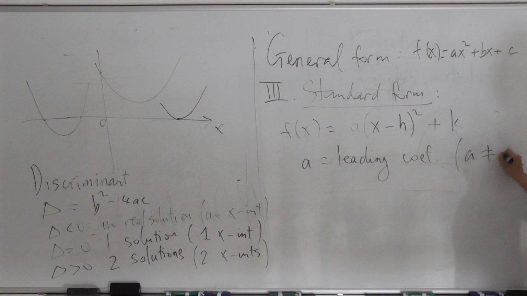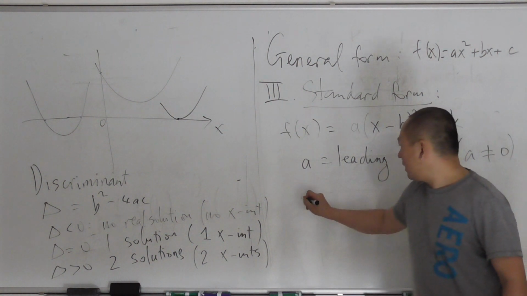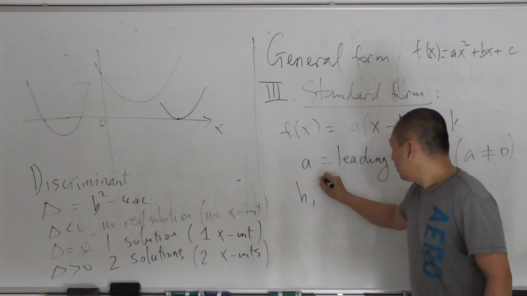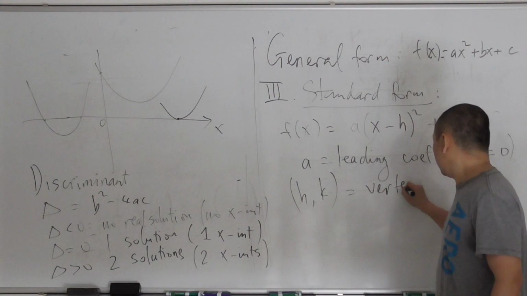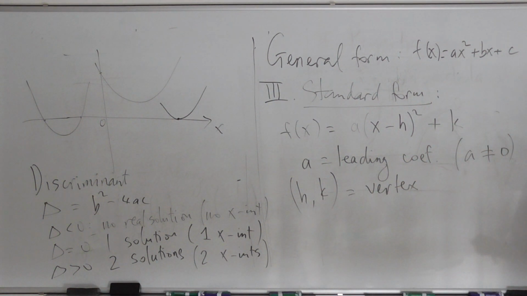A needs to be non-zero, because if a equals 0, then it's not quadratic anymore. What about h and k? We actually talked about h and k already, where h and k are the 2 coordinates of the vertex. That's why we usually call it a vertex form, but I'll use the terminology that the book uses: standard form. Okay? Let's give an example.